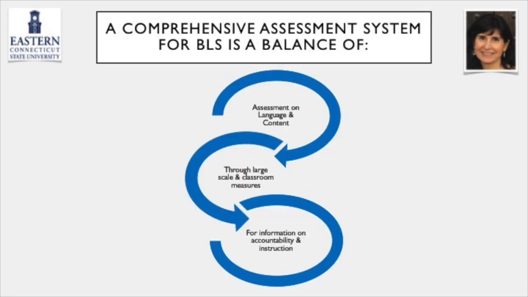So we will see that a comprehensive assessment system for bilingual learners is a balance of assessment on language and content through large-scale and classroom measures for information and accountability and instruction.